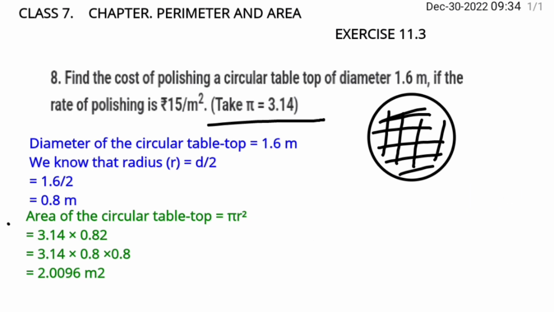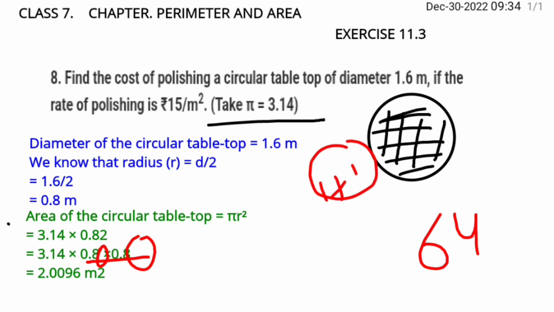Now 0.8 into 0.8 means the product of 8 and 8, which is 64. Here we have decimals: one decimal is here and one decimal is here, and in both values the decimal is after one digit. So 1 plus 1 is 2, which means we put the decimal after 2 digits. So 0.64 is the product of 0.8 into 0.8.